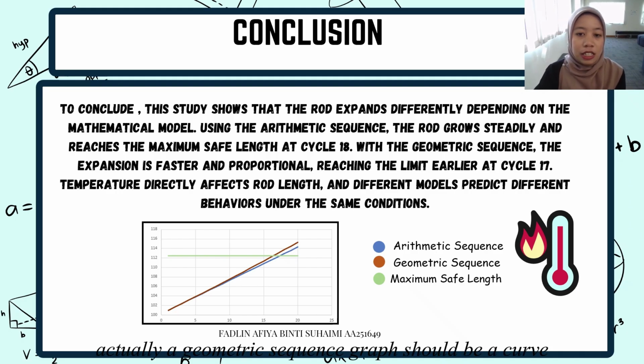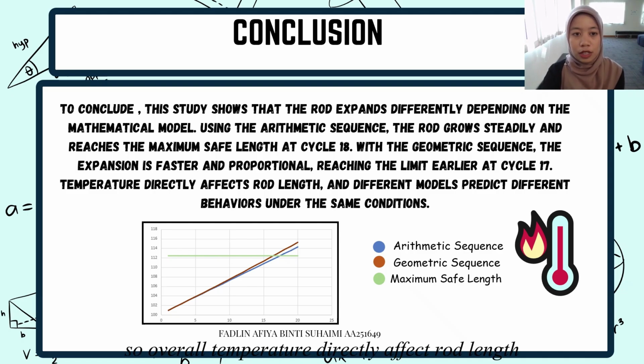Actually, a geometric sequence graph should be a curve. However, due to very small changes in the growth ratio, it looks almost like a straight line.